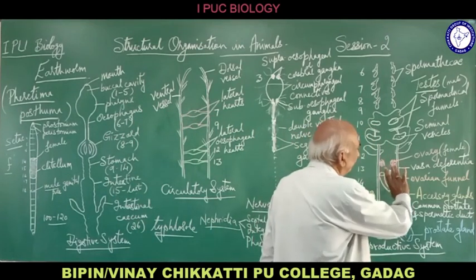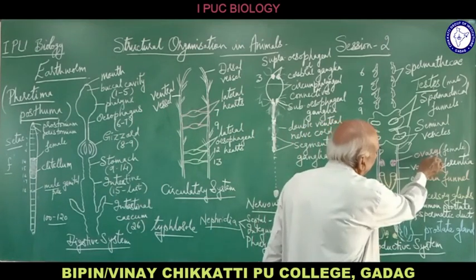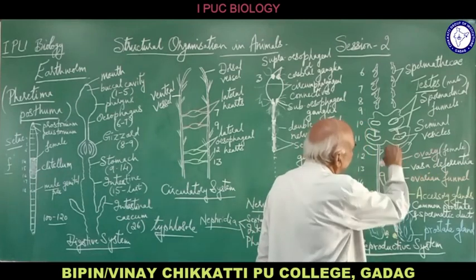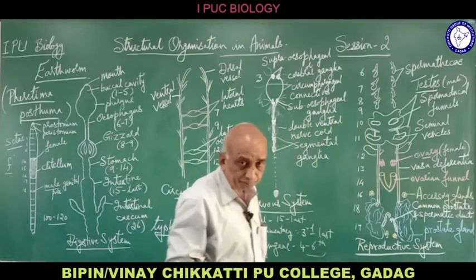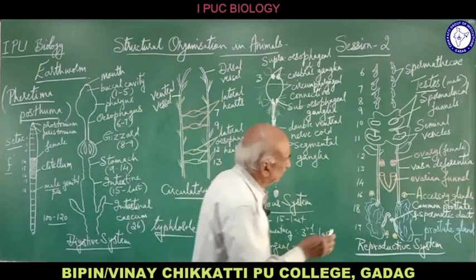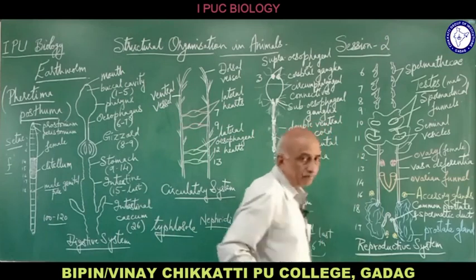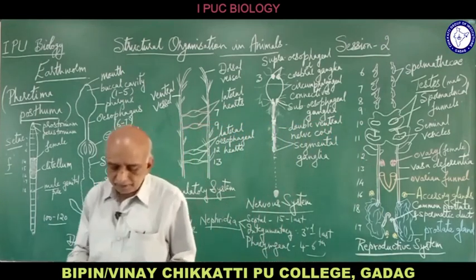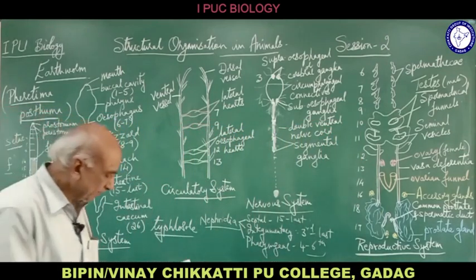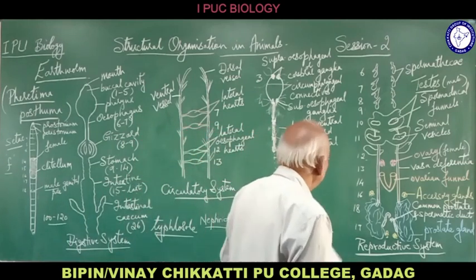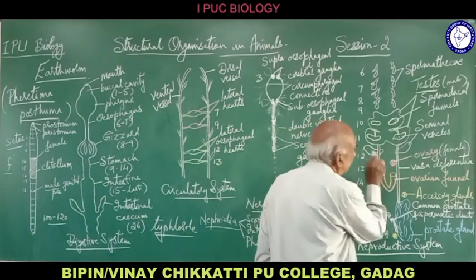Now coming to the female part, which includes a pair of ovaries. As they are present in the same animal, a pair of ovaries is present in between the 12th and 13th segments. At the junction of the 12th and 13th segments, we come across the ovaries, which are attached in between the two segments.